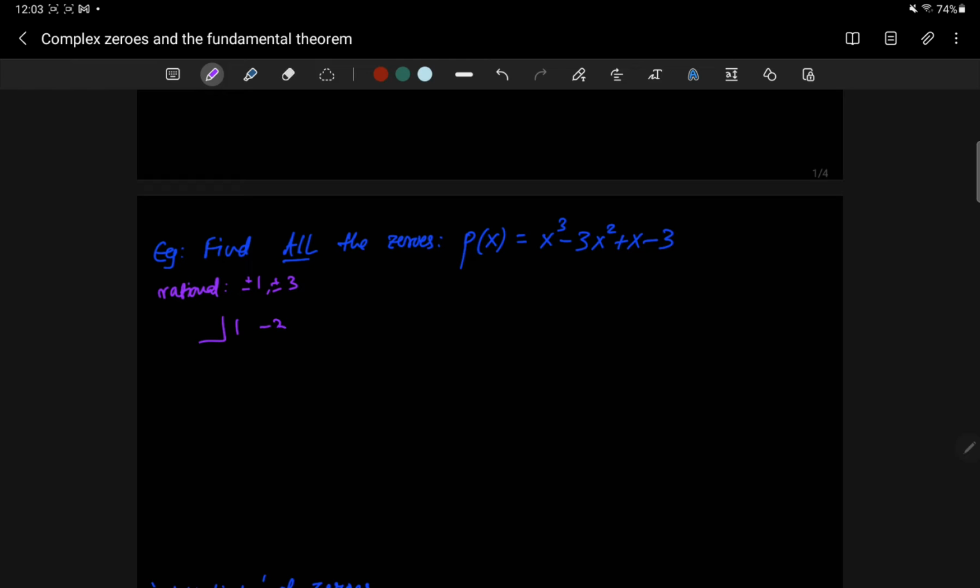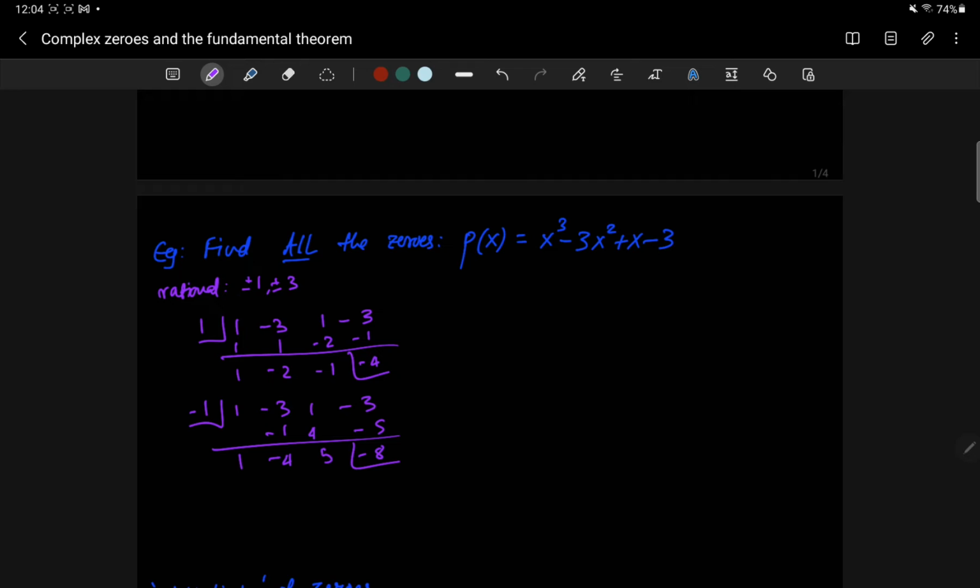So 1, negative 3, 1, negative 3. Let me go with 1: 1, 1, negative 2, negative 2, negative 1, negative 1, negative 4, 4, 5, negative 8.